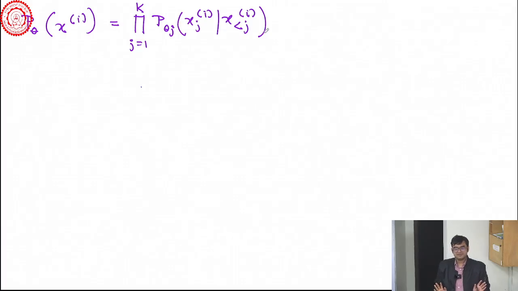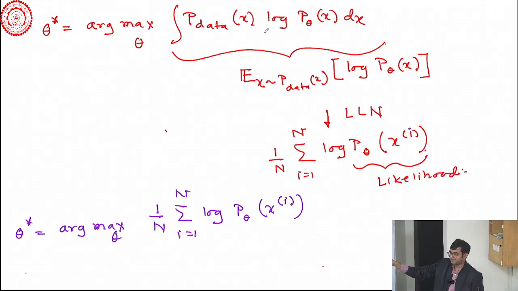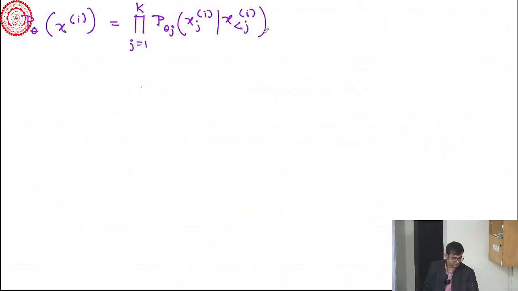Now P of x1 is modeled using one neural network. P of x2 given x1 is modeled using a second neural network. P of x3 given x2 and x1 is modeled using a third neural network. All of these neural networks have their own parameters. That's why you see a theta j. That means these parameters are not the same. Clear? Any doubt? Okay. So if this is okay, I can take it and plug it into the previous expression. And that will give me.